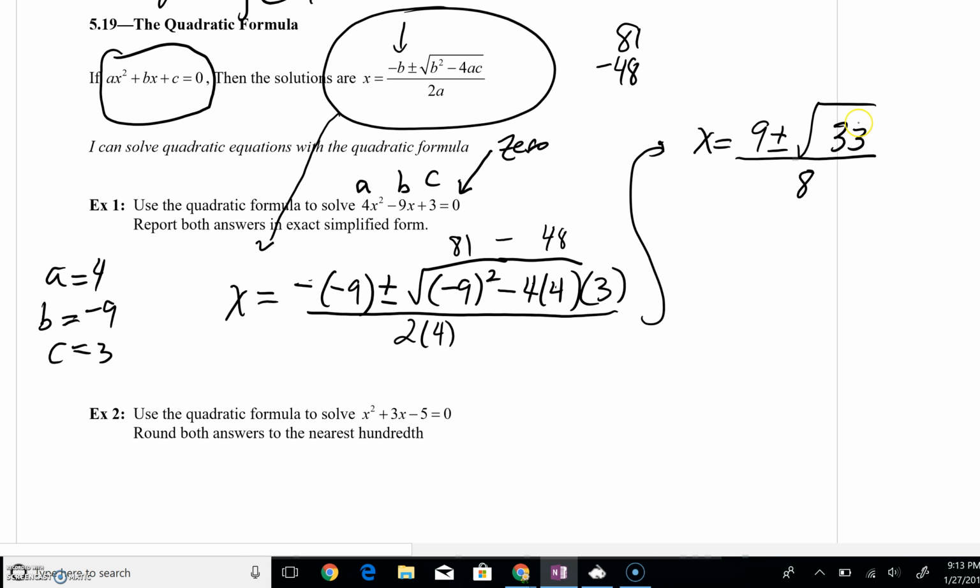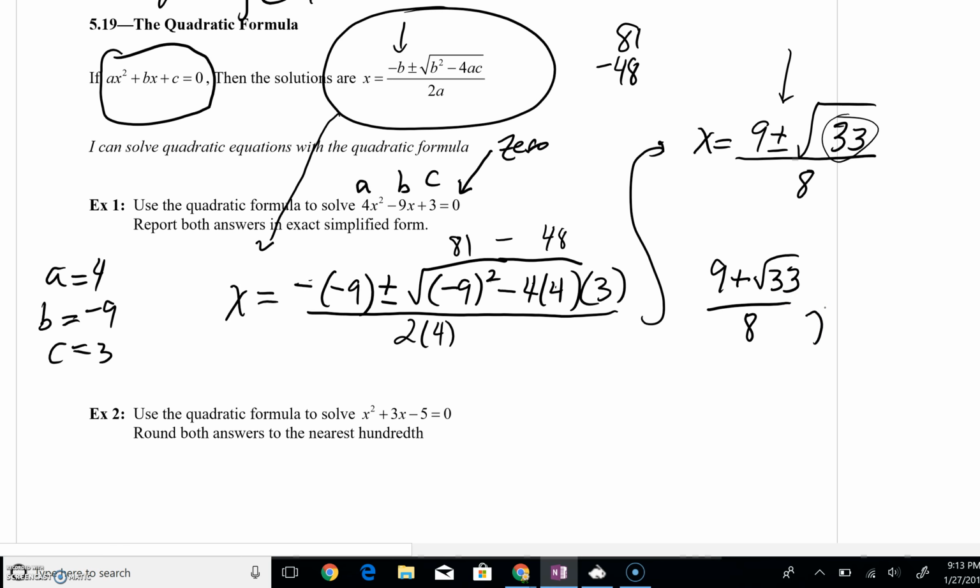33 is not going to be reducible. And what you can do to put this into Alg2, into our program, is realize the plus or the minus here are two different answers. You're going to say 9 plus radical 33 all over 8, and we're going to type that into Alg2. We'll make one fraction, make the fraction tool, type 9 plus radical 33, divide that by 8, then we'll hit comma.